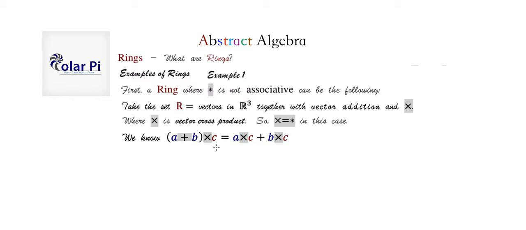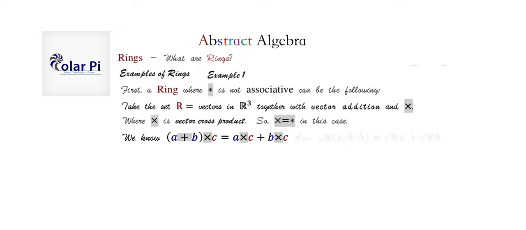But what I've demonstrated here is the right distributive property of cross over plus, right? This is what we call the right distributive property. And this is true. We know that if we take 3 vectors a, b, and c, and we do (a + b) cross c, it's equal to a cross c plus b cross c, right?